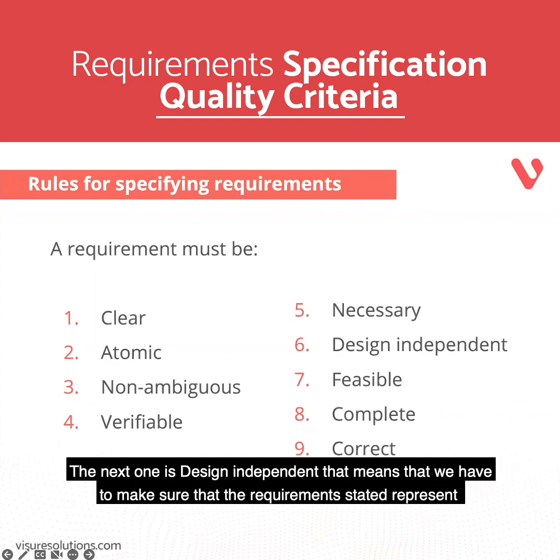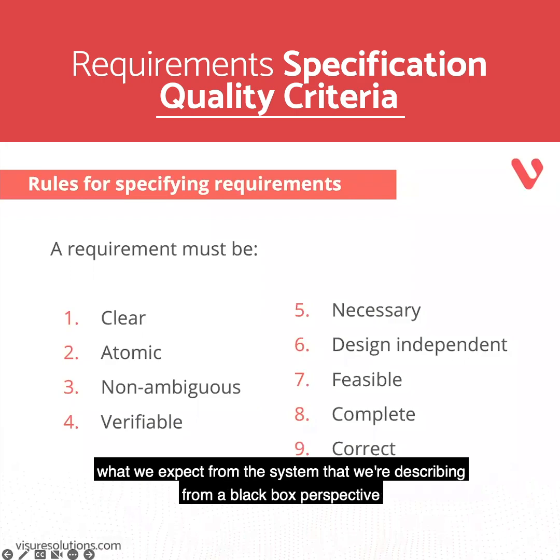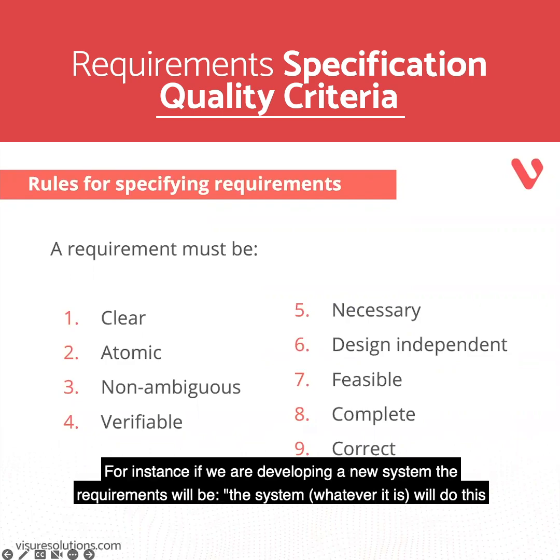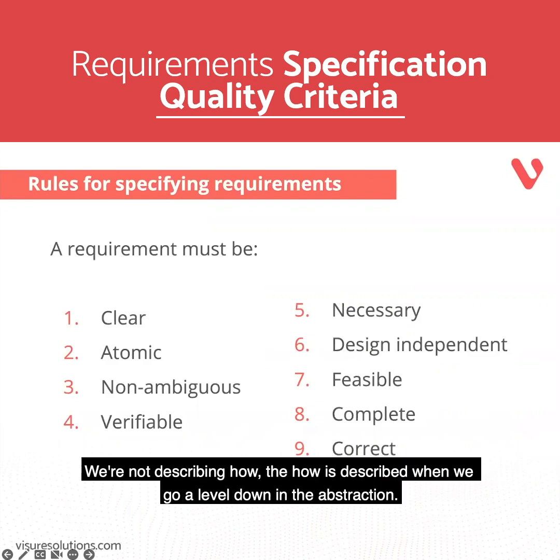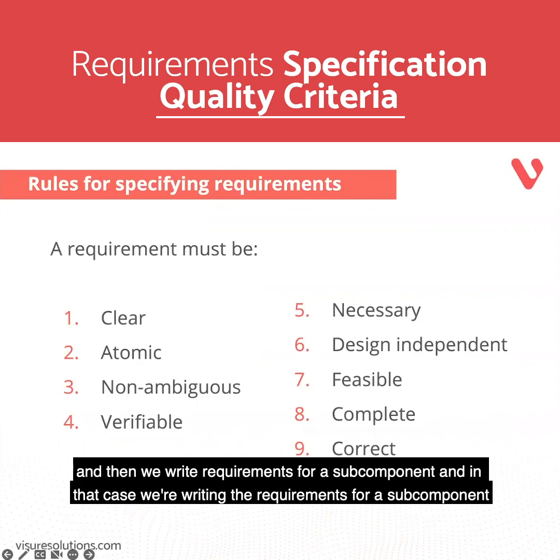The next one is design independent. That means that we have to make sure that requirements, as stated, represent what we expect from the system that we're describing from a black box perspective. For instance, if we are developing a new system, the requirements will be the system, whatever it is, will do this and will do that. We're not describing how. The how is described when we go a level down in the abstraction. And then we write requirements for a subcomponent.